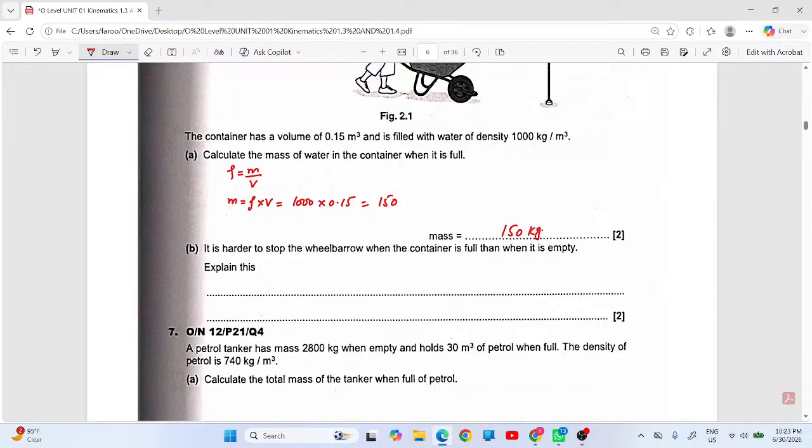Any confusion up to here? Next part, read. Next it says it is harder to stop the wheelbarrow when the container is full than when it is empty. Explain this. Sir, here we will talk about inertia.